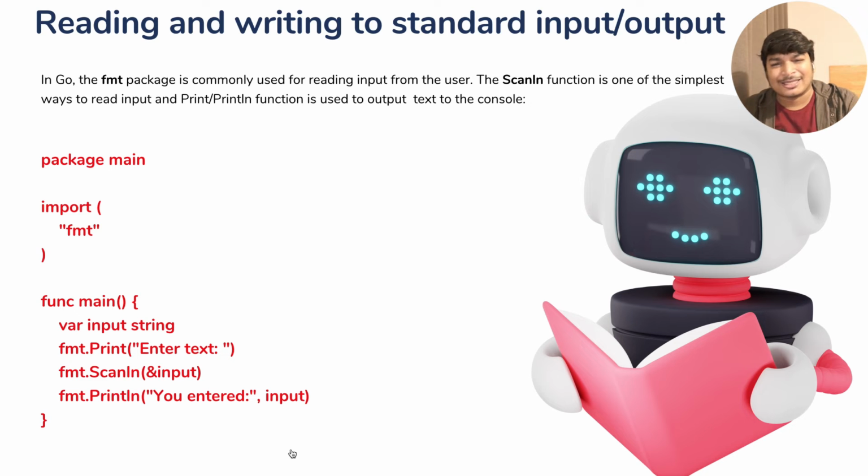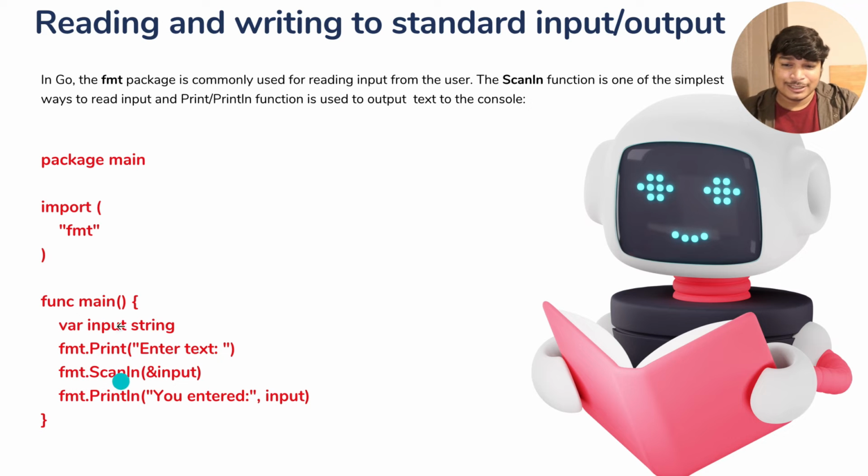Okay, just package main, we're defining the main package, we're importing the fmt package, and then we're running function main, and in the curly braces, or say the code block, we're declaring var input string. So we're just declaring the input variable as a string, then fmt.Print, we are asking to enter the text, which is the standard output, by the way.